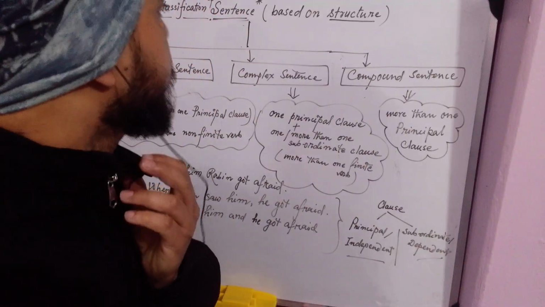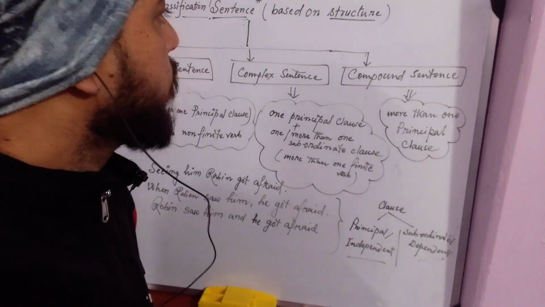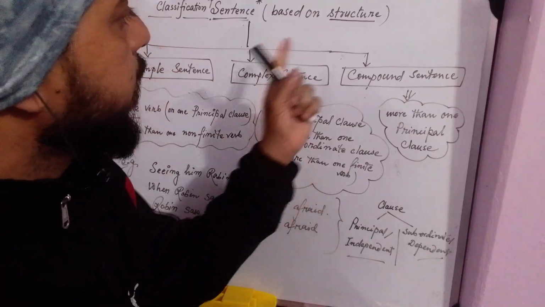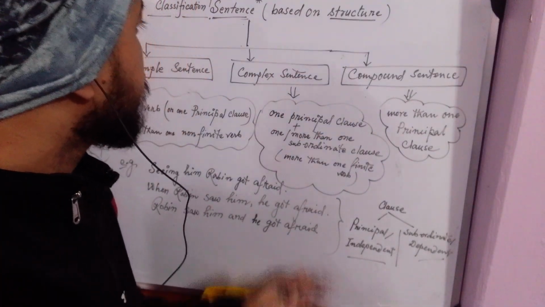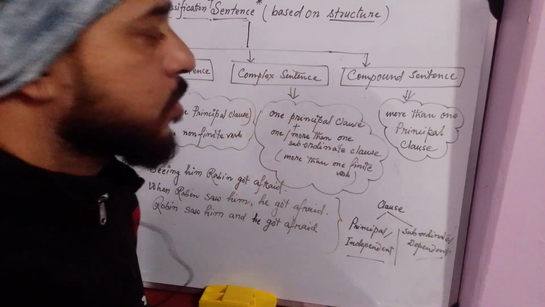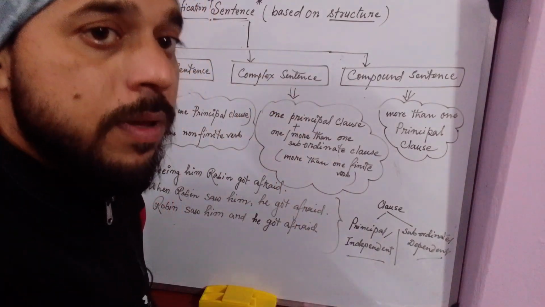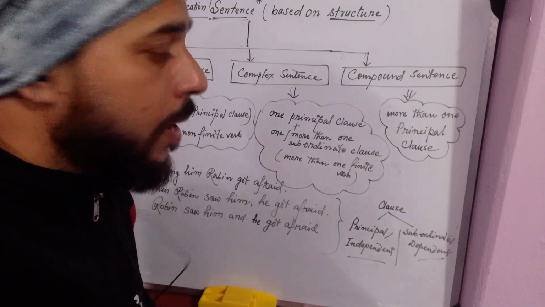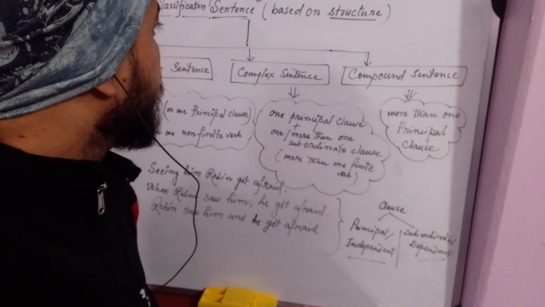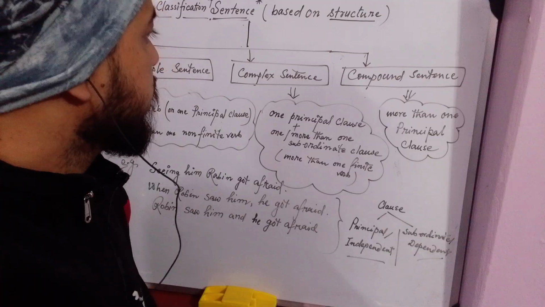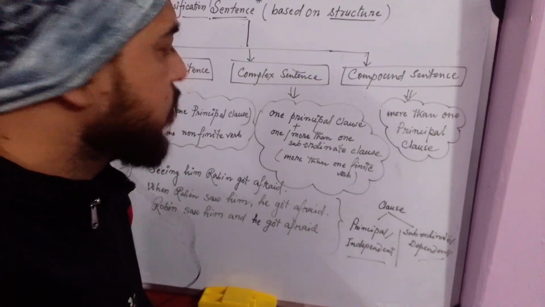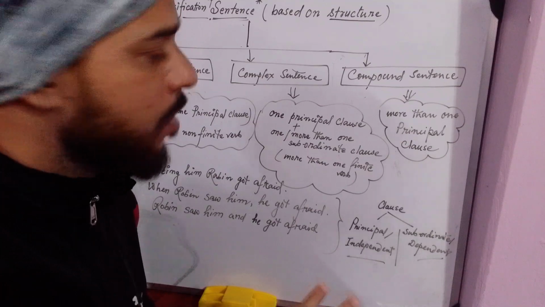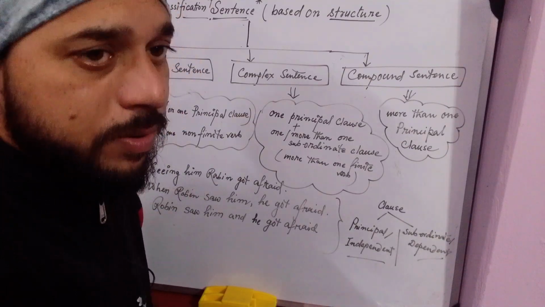Today's topic is classification of sentences based on structure. We have already discussed the different classifications of sentences based on manner or meaning. That was of four types: assertive, interrogative, optative or desire, and the last one, exclamatory.